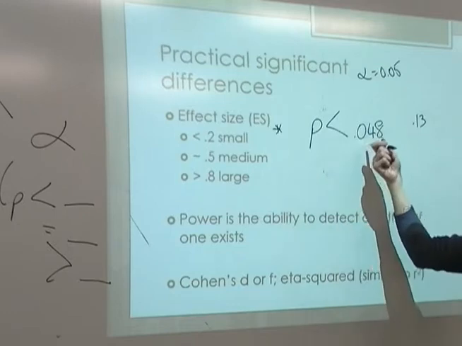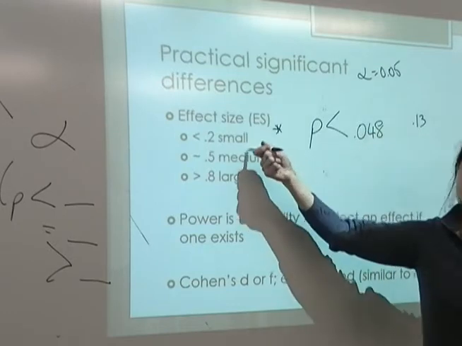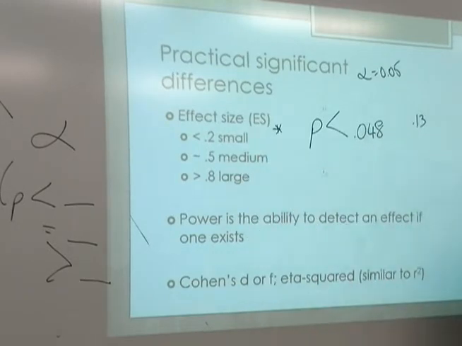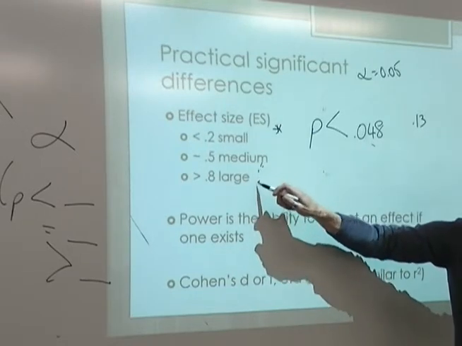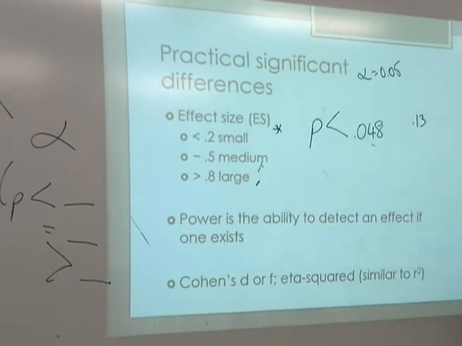It may be statistically significant, but if it's practically ineffective, then that's not very helpful. What we want is something that meets significance and has a medium to large effect size.